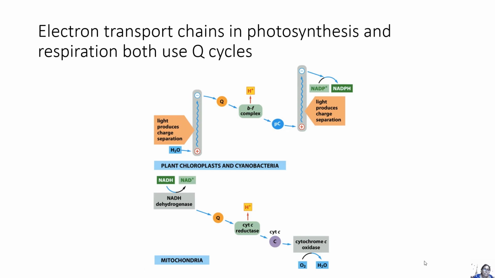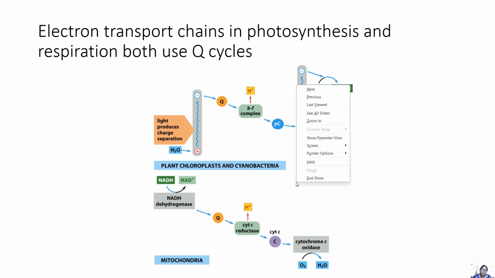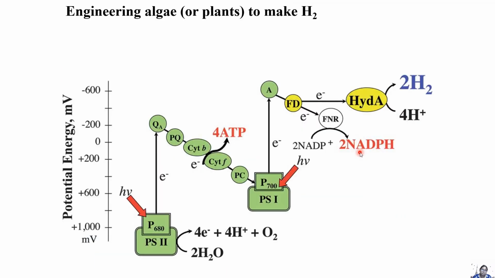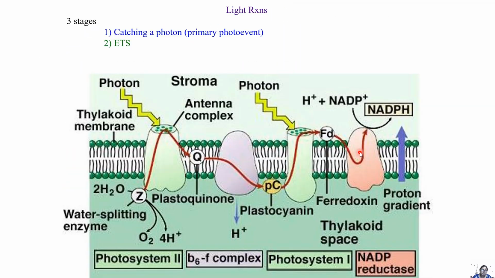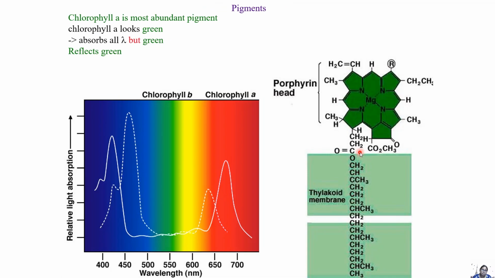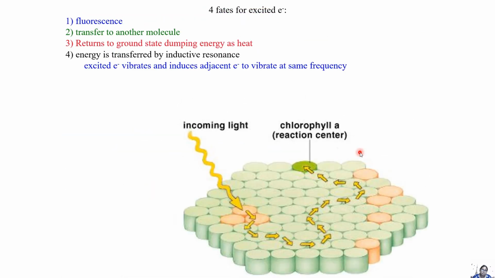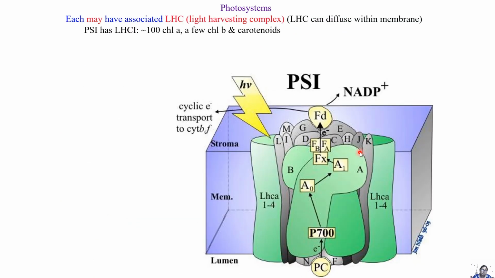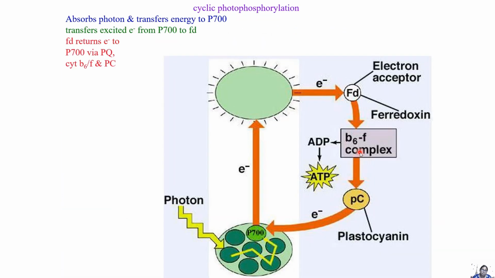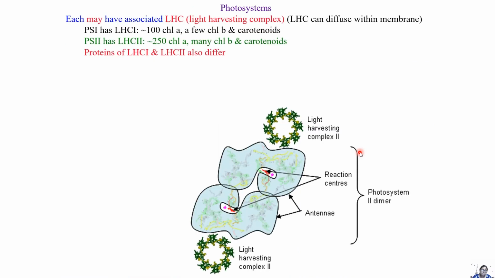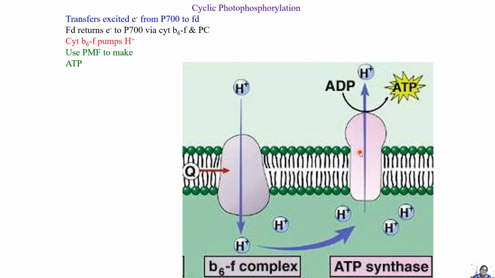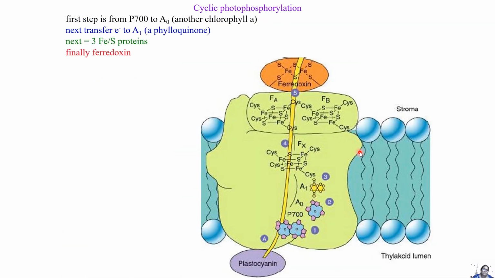Electron transport chains in photosynthesis and respiration both use these Q cycles. You can see it in the plant chloroplast, in cyanobacteria, and in mitochondria as well. So we talked about all of this.